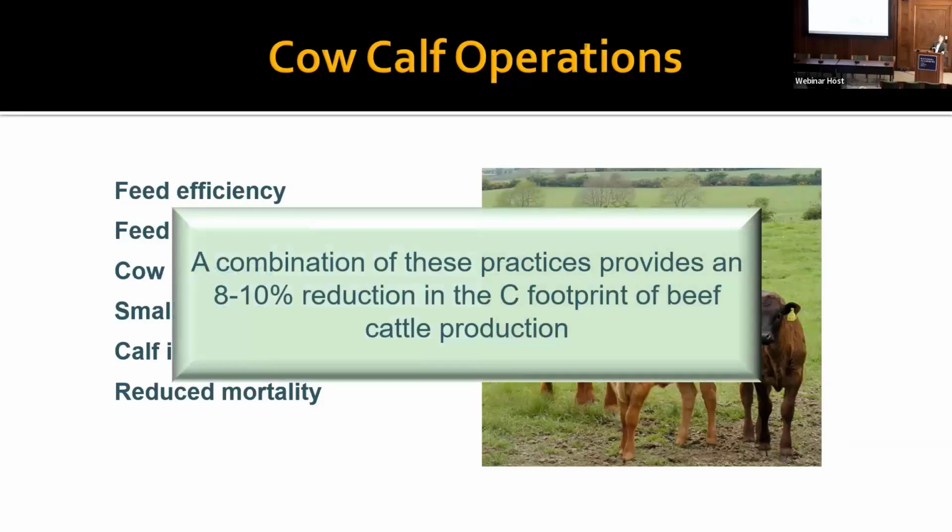And what we find if we put a lot of these together in a cow-calf system is we can reduce their emissions by maybe 8 to 10%. That is, we're reducing the full carbon footprint of the beef cattle by 8 to 10%. So it's something, but it's still very far from, say, carbon neutrality.